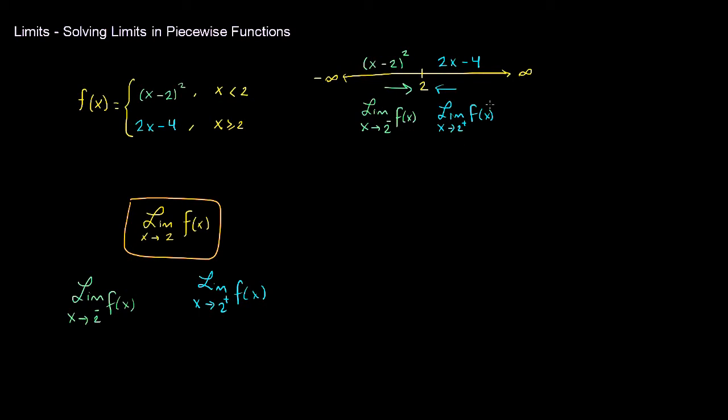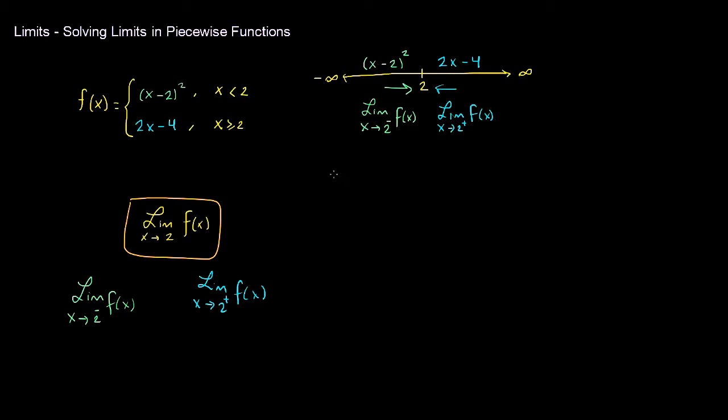And if we are approaching number 2 from the right, we would have to use this piece here, because this one is literally on the right side of the number 2, and the other one is literally on the left side of number 2. So I'm going to get them separately and see what we find.